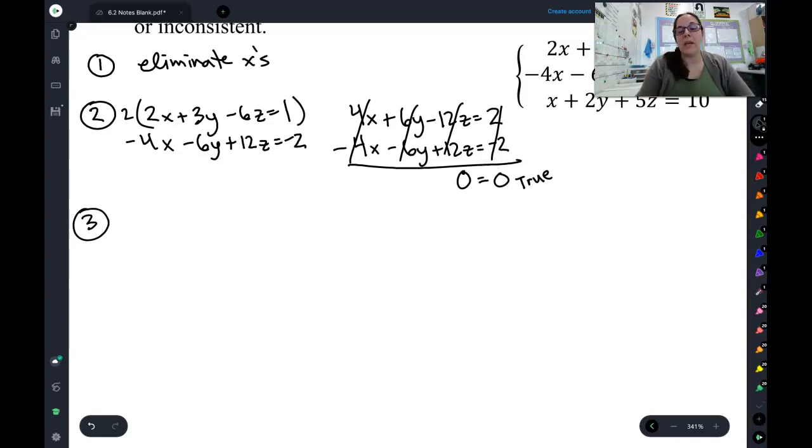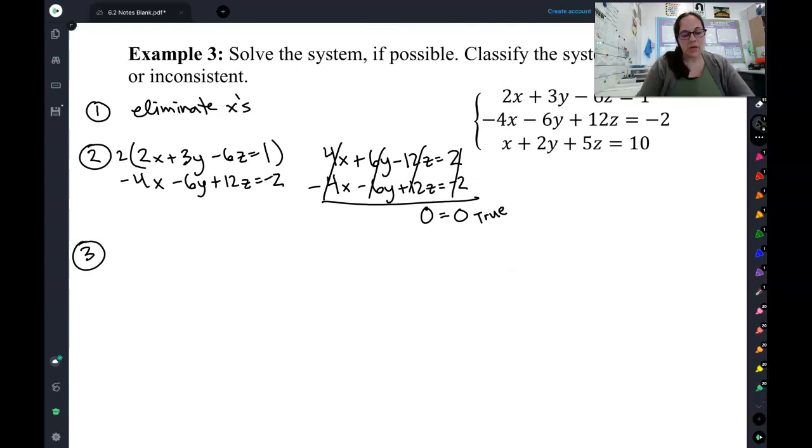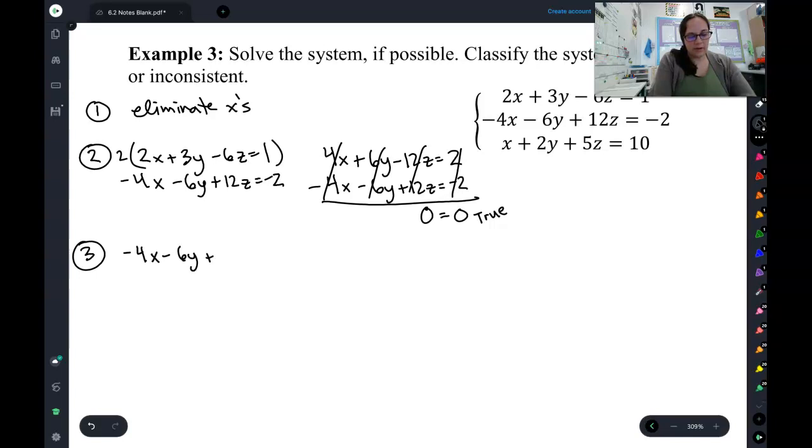Pick another pair of equations that we're also going to eliminate the X's from. So let's do, I don't know, let's do the second and the third. So I, once again, need to eliminate the X's.